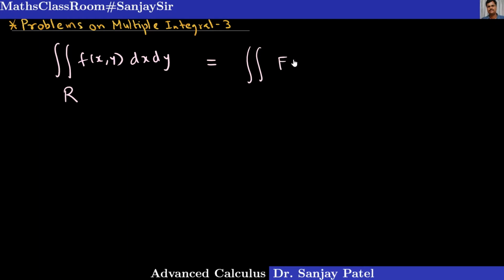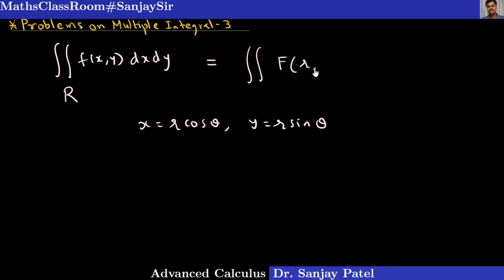We replace x and y by x is equal to r cos theta and y is equal to r sin theta. This is the relationship between the Cartesian and the polar coordinates. So we substitute everywhere x and y as r cos theta and r sin theta.